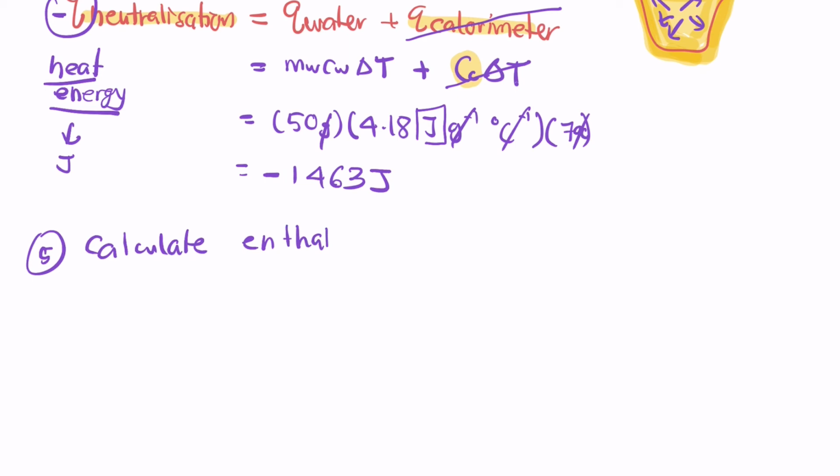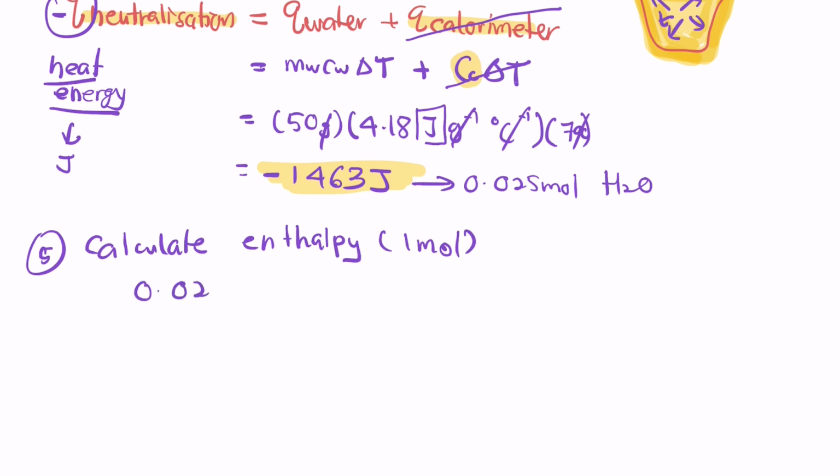The next step, you have to calculate the enthalpy. As you remember, it must be for 1 mole. Now, just now you calculated how many moles of H2O, this one will be 0.025 mole H2O. So to calculate for 1 mole, you have to do a comparison.